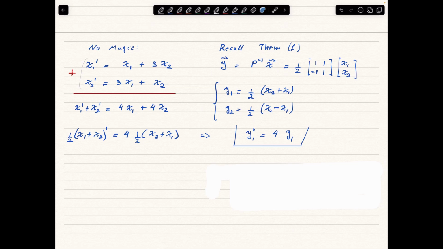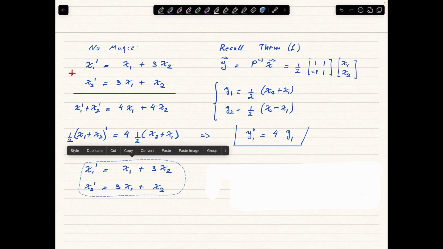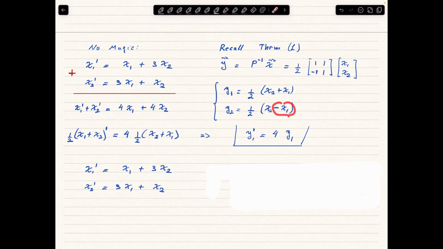Okay, so let's copy again the system. Let's put it somewhere over here. And now what we need to do is multiply the first equation by -1, the whole equation, and then add the second equation, and the result is going to be the following.